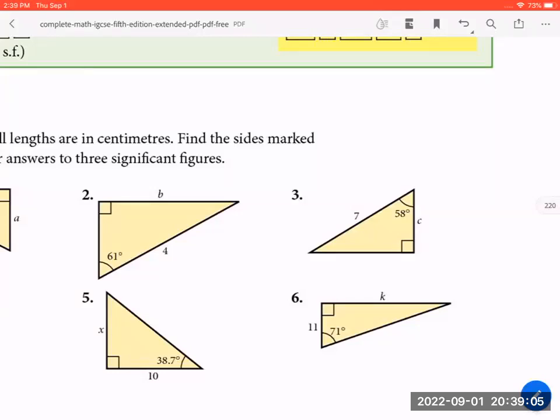Cosine is a over h. The h is 7, so cosine 58 degrees would equal a over 7. When cross multiplying, a will equal 7 cosine 58.